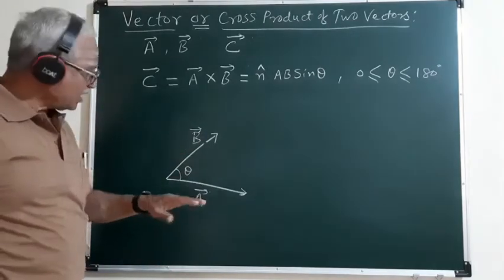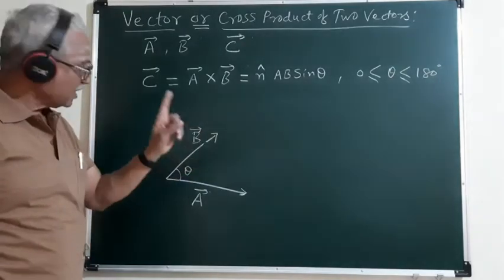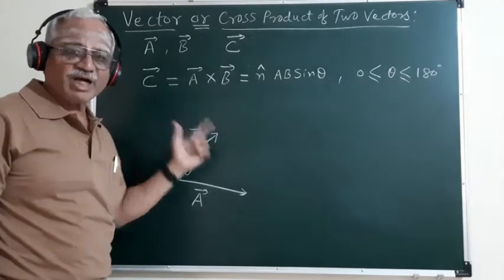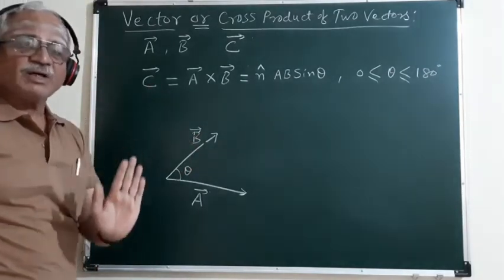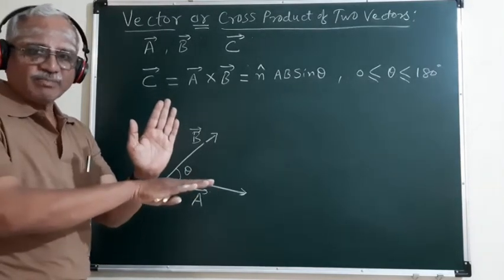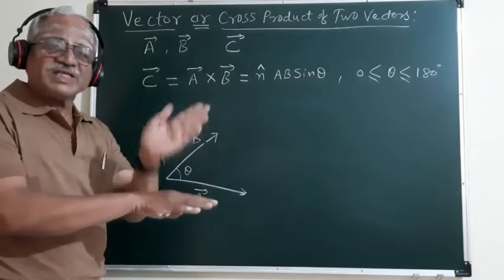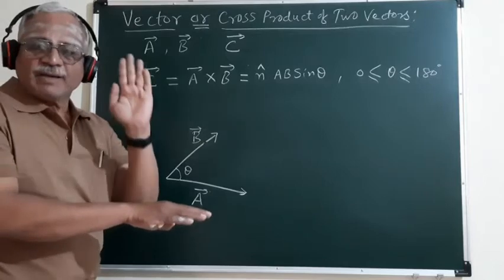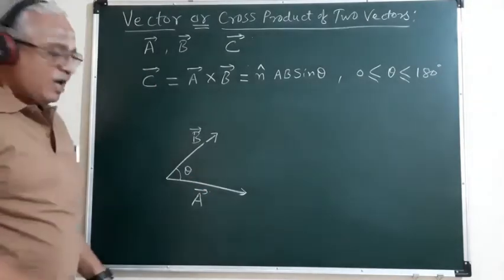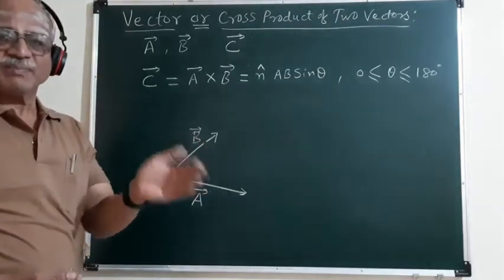If we imagine that A bar and B bar lie in the horizontal plane, then C bar will lie in the vertical plane. So this C bar, or A bar cross B bar, is always perpendicular to the plane of A bar and B bar, right?